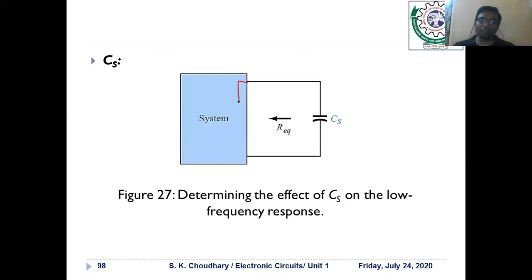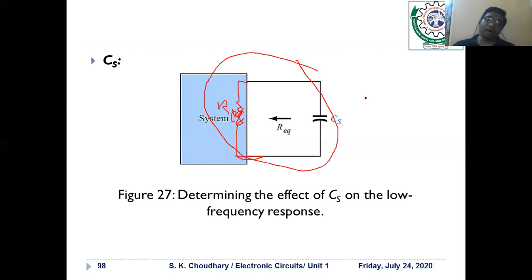It is the resistance offered by this MOSFET or amplifier circuit when you are looking from the output to the source terminal of the MOSFET. So this R equivalent appears like this. Okay. So if you see this particular network, what would be the formula? 1 upon 2 pi R equivalent into CS. Okay. So this is the formula.